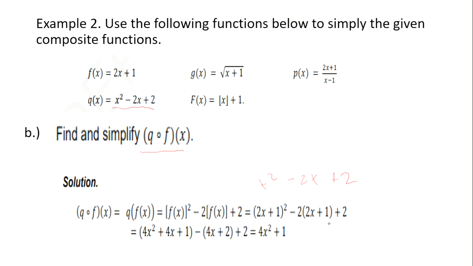Just copy the positive 2. To simplify, we combine like terms. We have no like terms for 4x squared, so we just copy it. 4x minus 4x is 0. 1 minus 2... of course, positive 1. So the value of q of f of x is 4x squared plus 1.